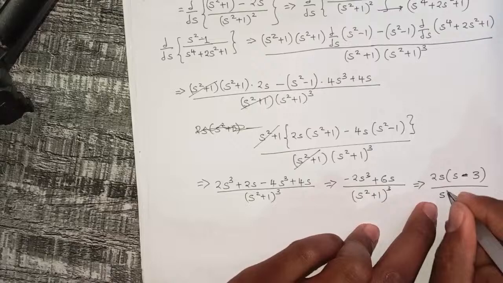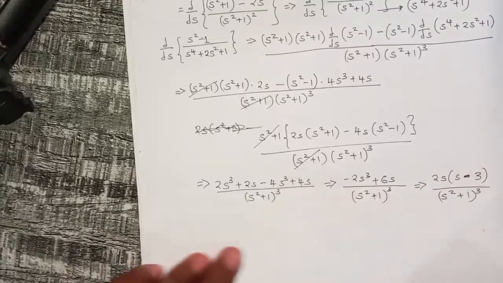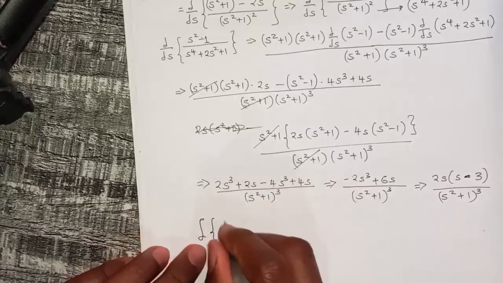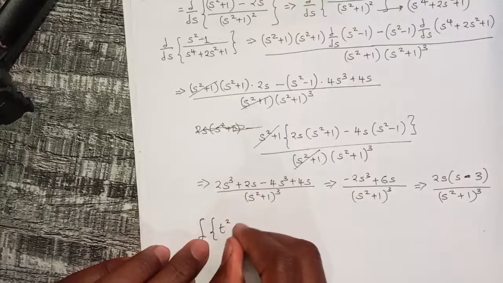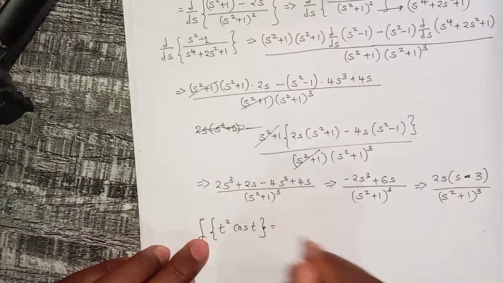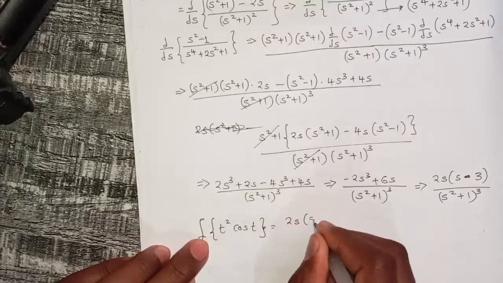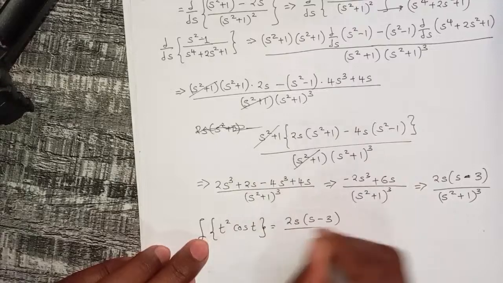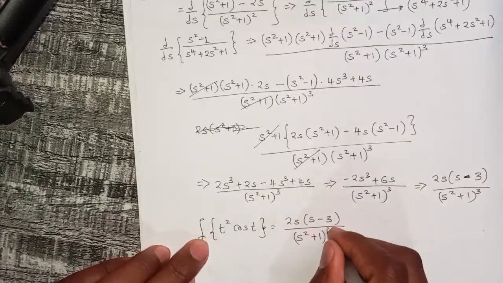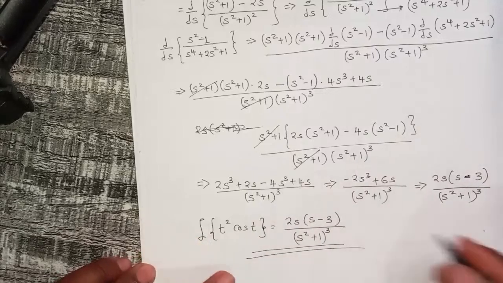You divide by s squared plus 1 cubed, and therefore the Laplace transform of t square cos t is equal to 2s into s squared minus 3 divided by s squared plus 1 cubed. And that's all. Thank you.